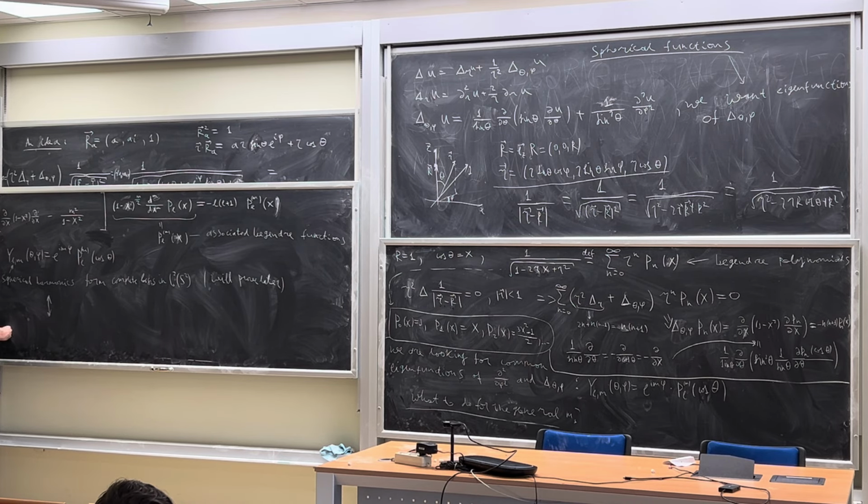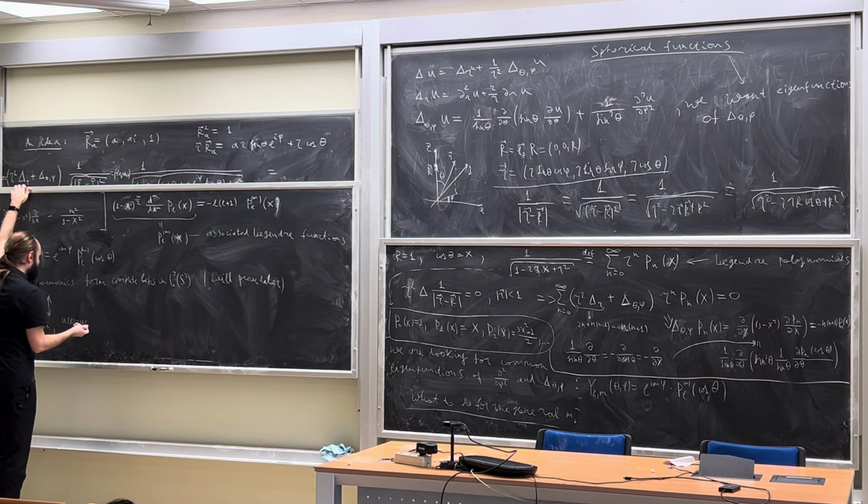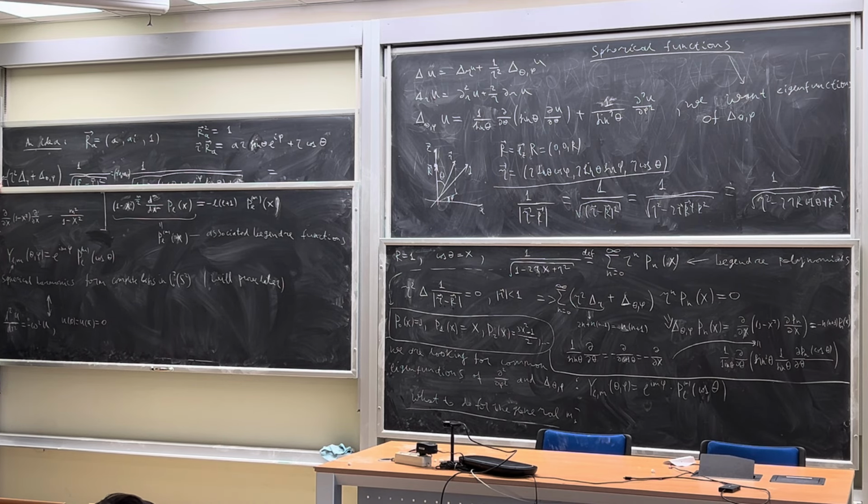We have the equation d squared u over dx squared equals minus omega squared u, with boundary conditions u of 0 equals u of pi equals 0.